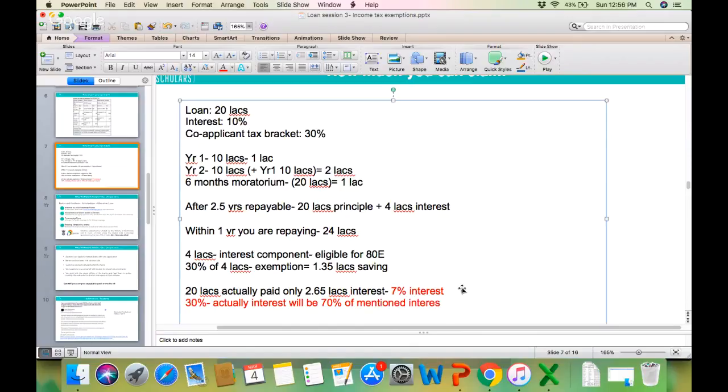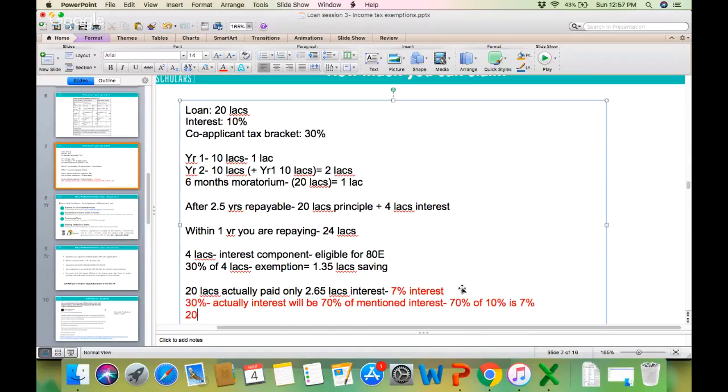I mentioned that 10% is the interest, so 70% of 10% is 7%. That's what you got.